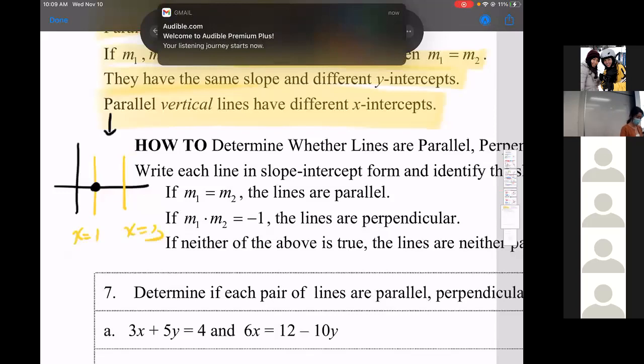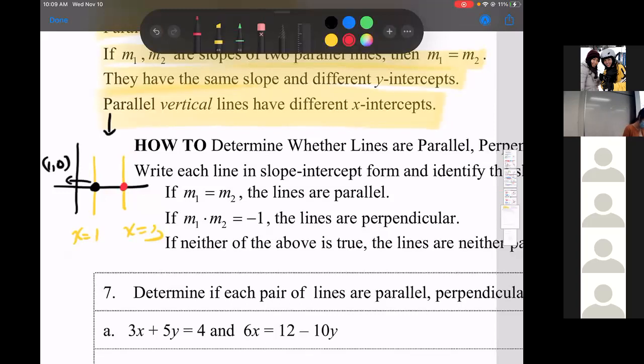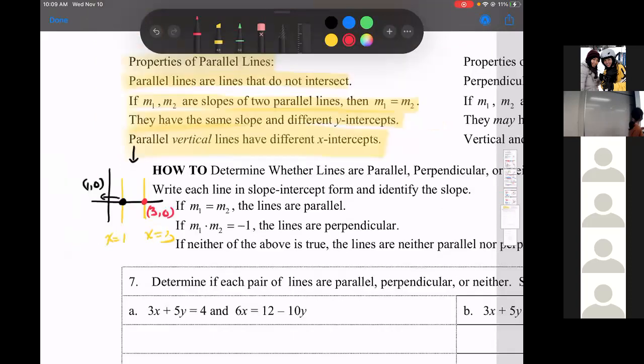No, (1, 0), right? So this one is (1, 0). What about this one, the red one? That's what they meant by parallel vertical lines having different x-intercepts.